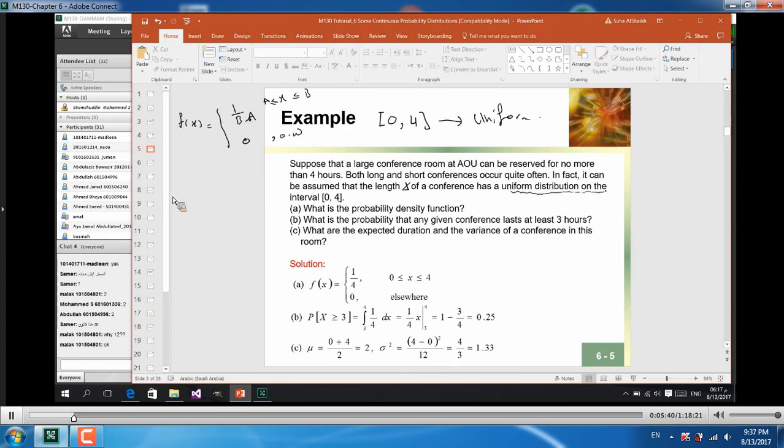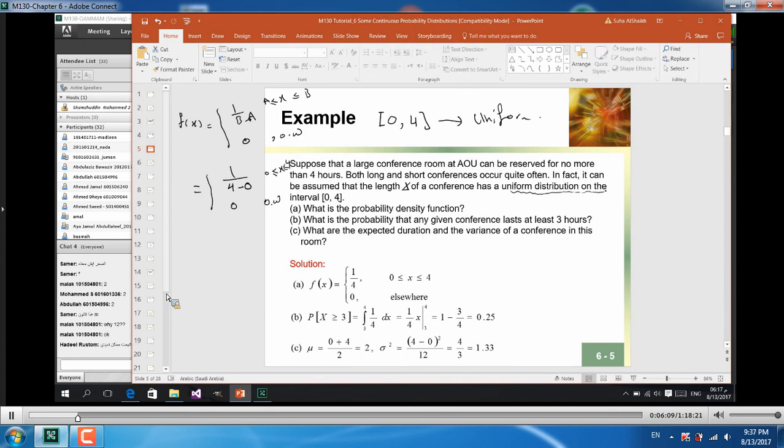So it's 1 over, b is 4, a is 0, for the x between 0 and 4, and it is 0 elsewhere, or otherwise, we say. So this is the function. In part A, what's the probability density function?